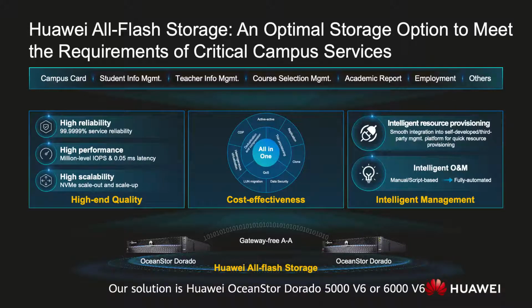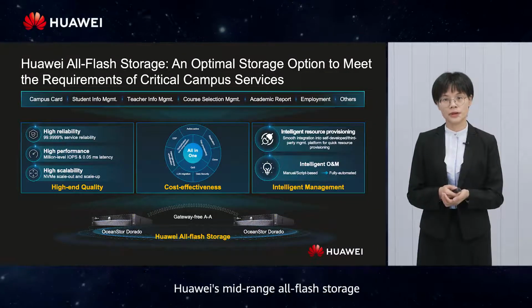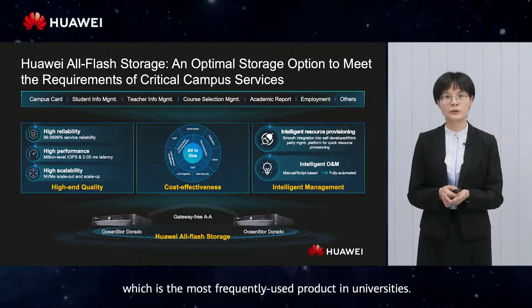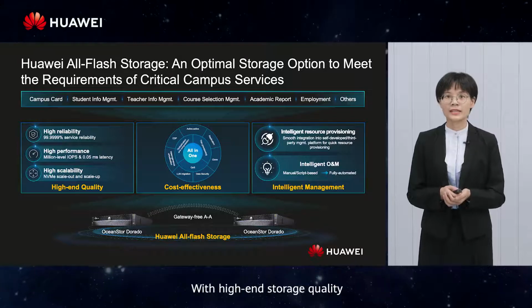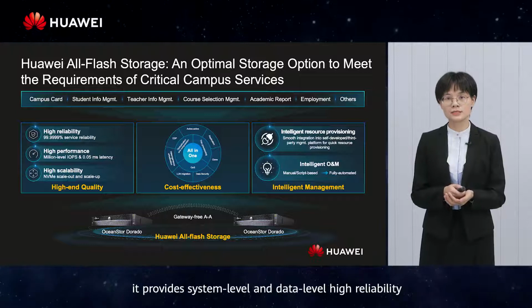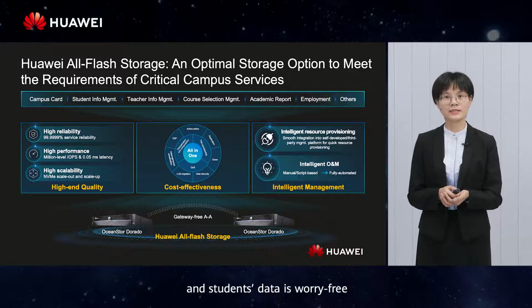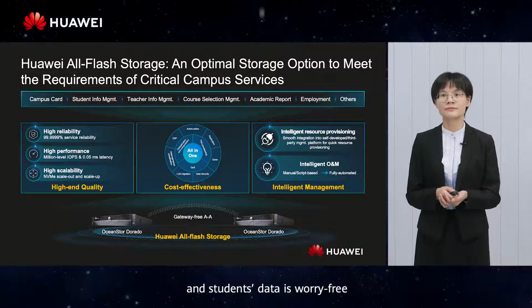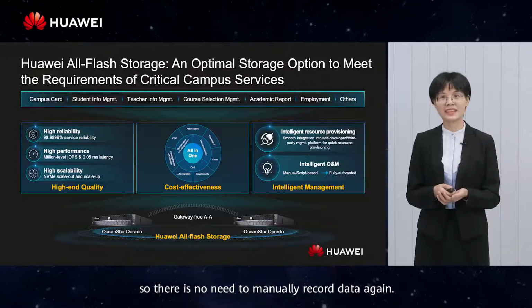Our solution is Huawei OceanStor Dorado 5000 V6 or 6000 V6, Huawei's mid-range all-flash storage, which is the most frequently used product in universities. With high-end storage quality, it provides system-level and data-level high reliability, and the students' data is very safe. So there is no need to manually record data again.